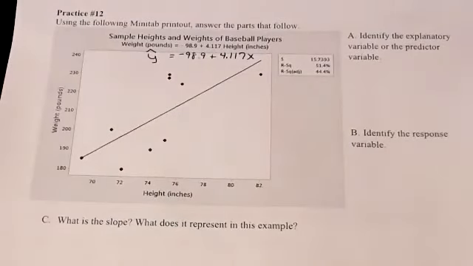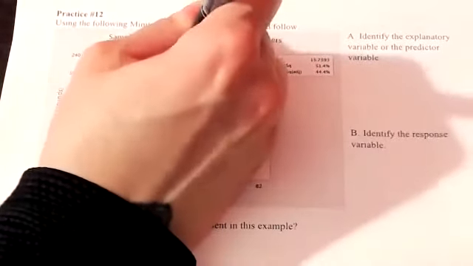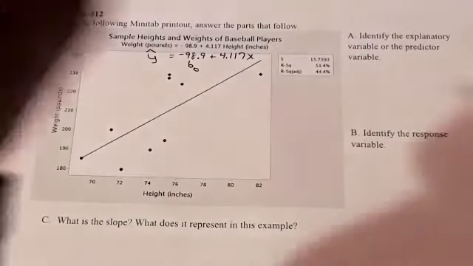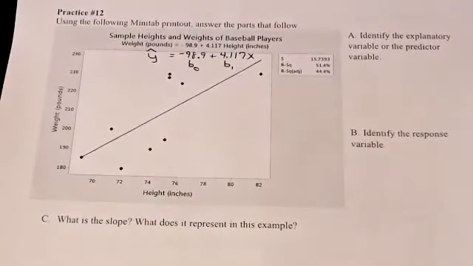Our height in inches, that's going to represent the other variable, that's our x. Also, what may be of benefit to you all, underneath the negative 98.9, why don't you just write b sub 0? And then under 4.117, just go ahead and write b sub 1. Why not? We might as well label everything. That way it's super, super clear what's happening.